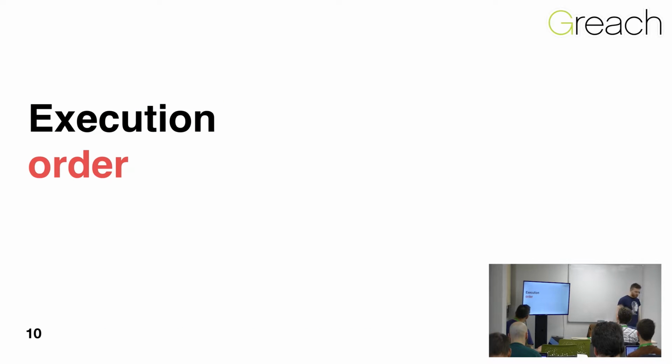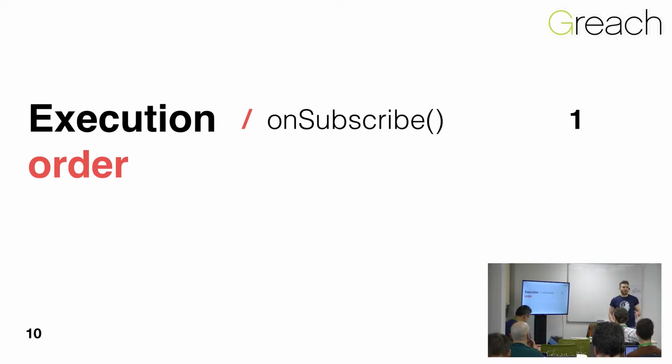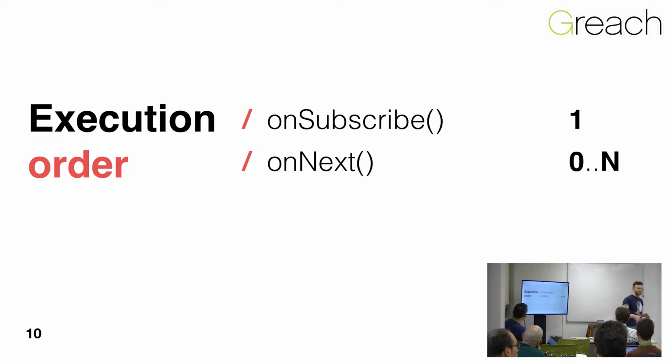So the first rule, from my point of view the most important one, is that all methods on the subscriber should be executed in a particular order. The first one should be onSubscribe, and in that way the publisher should send a subscription to our subscriber. The second is onNext, and onNext can happen zero times. For example, if there is an empty publisher, it doesn't have anything to send to its subscriber, so it won't invoke onNext.